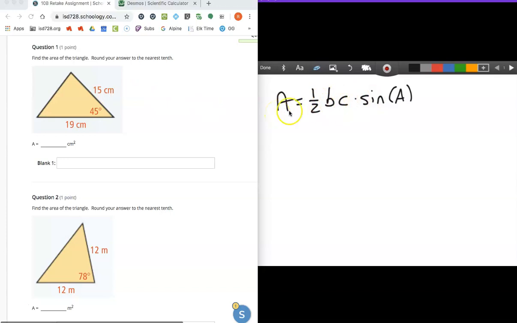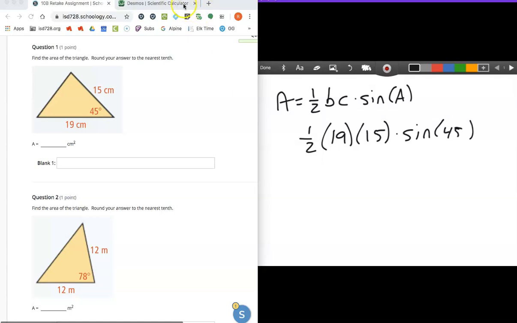And this is a nice way of finding the regular polygon problems when they give you the radius, which we'll get to. So all we have to do is go to the calculator for this. We set up here 1/2 times either 15 or 19, either order, and then times the sine of 45.